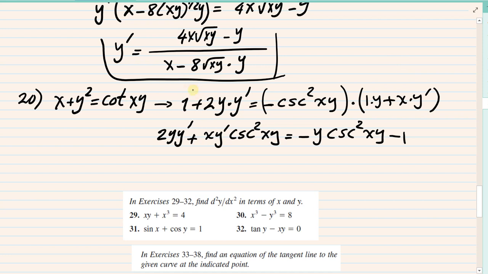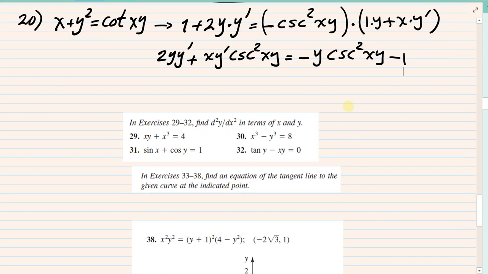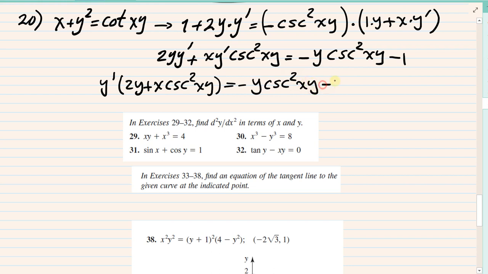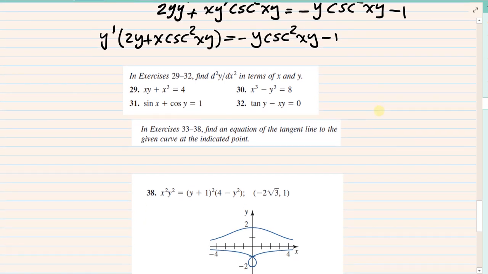And that looks good so far, and we're almost done with this one. Now I can factor y prime times 2y plus x cosecant squared xy equals negative y cosecant squared xy minus 1, and then divide both sides by the coefficient on y prime.